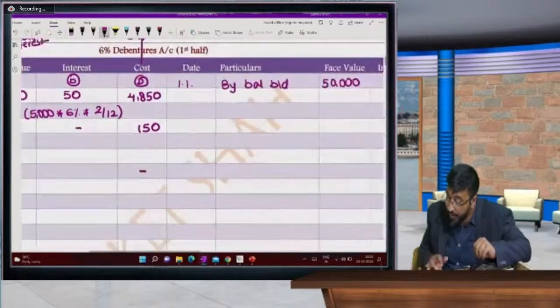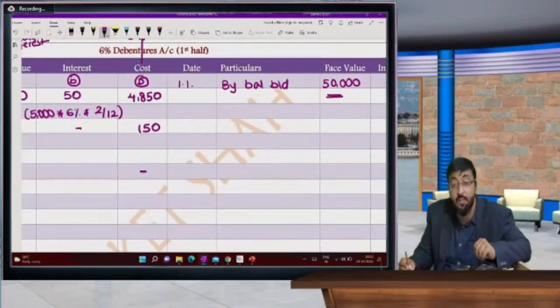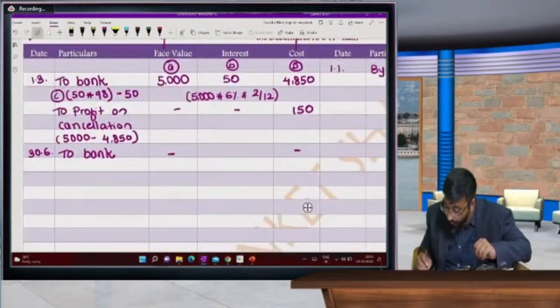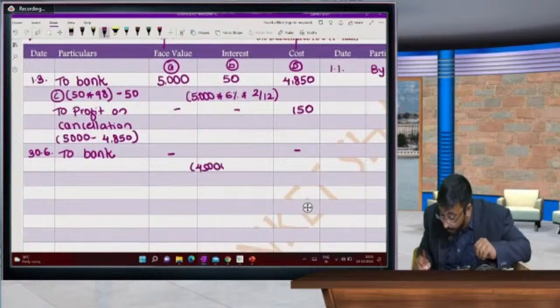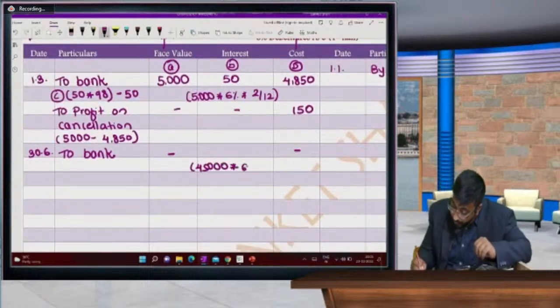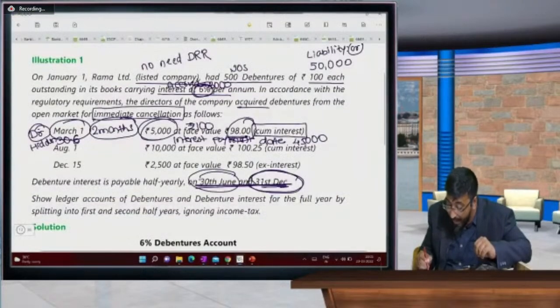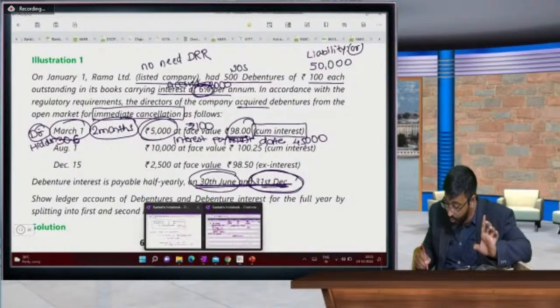Now beta, we have 50,000 debentures at the start and we cancelled 5,000 debentures, so I am left with 45,000 into 6%. And beta, now the last interest date is 31st December to 30th June.